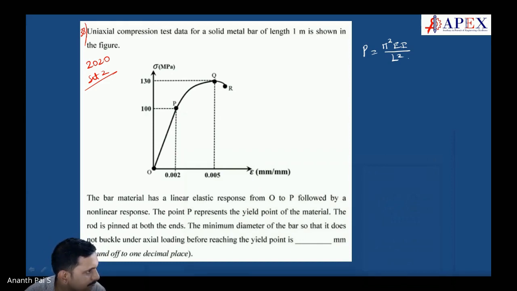Simple. Bharat, come on. What is it? What is P? P is stress into area.